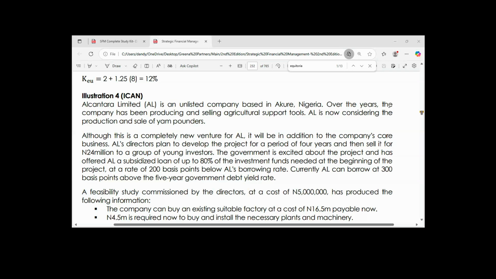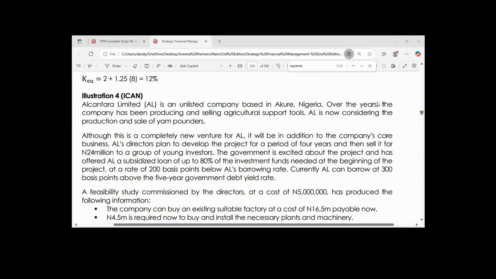So those are the 4 procedures that you are going to carry out whenever you want to compute the present value of net subsidy.